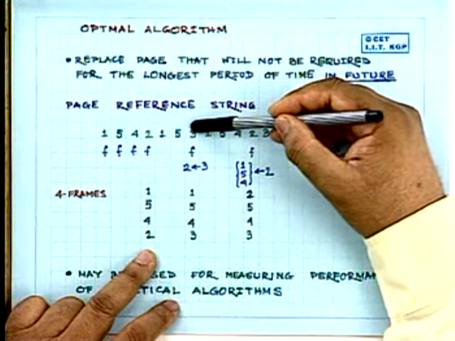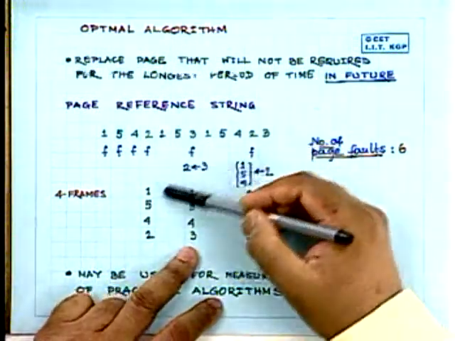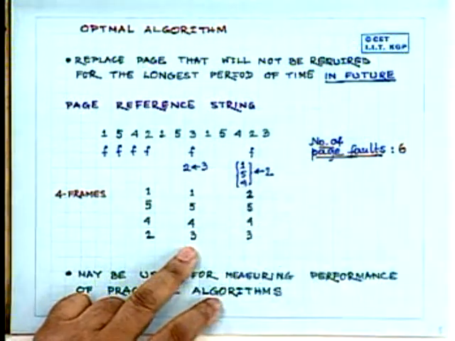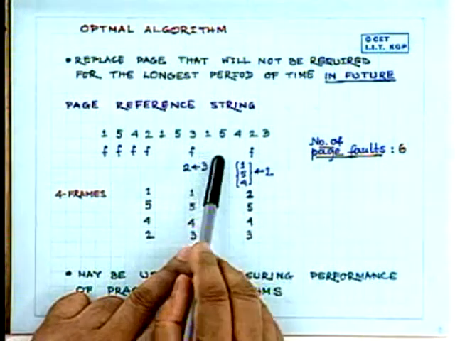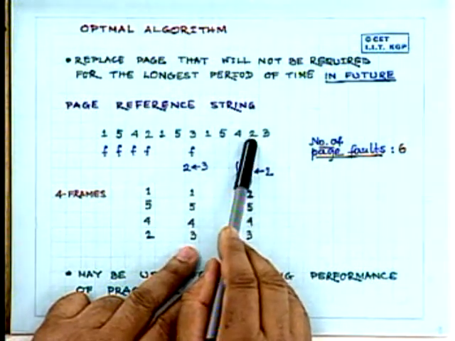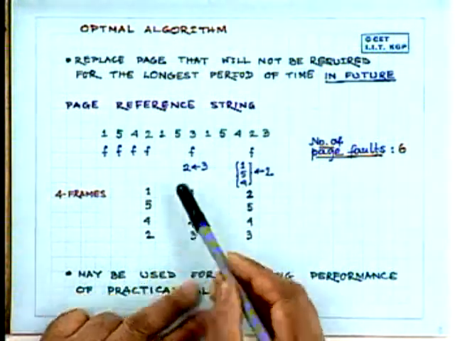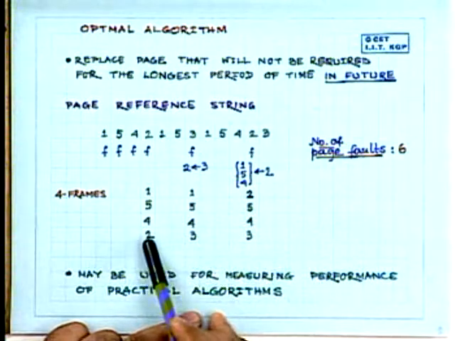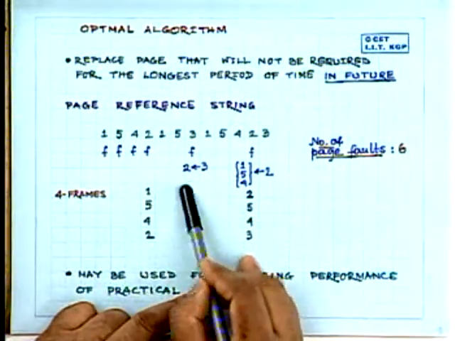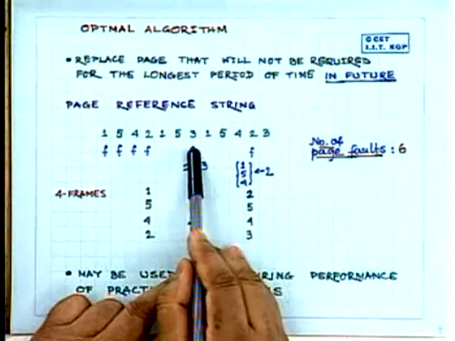And now say page 3 is referenced. Page 3 is not there in the memory, therefore some page has to be taken out and page 3 should replace that page. Now if we could see the future, we see that page 2 will not be needed in close by time. And therefore, why not take out page 2 and replace it by page 3, so that now the physical memory contains pages 1, 5, 4, 3, and we proceed.